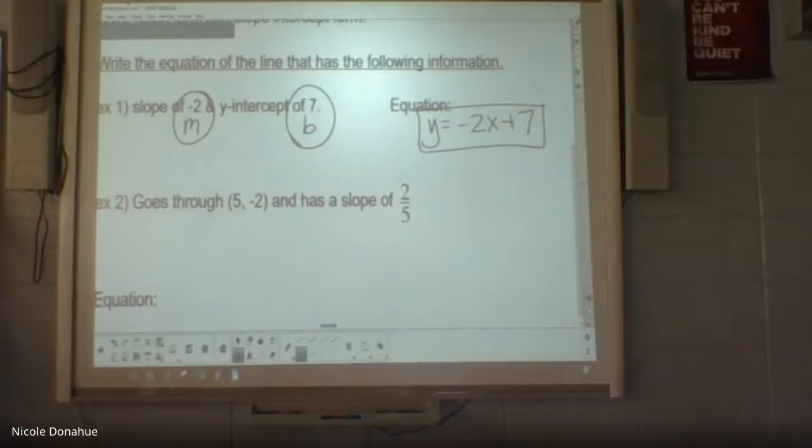All right, the next one is a little bit harder, so they're going to keep getting increasingly more difficult. The next one tells us it goes through (5, -2) and has a slope of 2/5. So this time they don't tell us part of the problem we need. What have they told us? Slope.